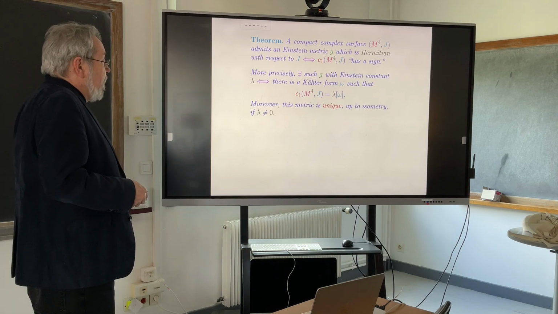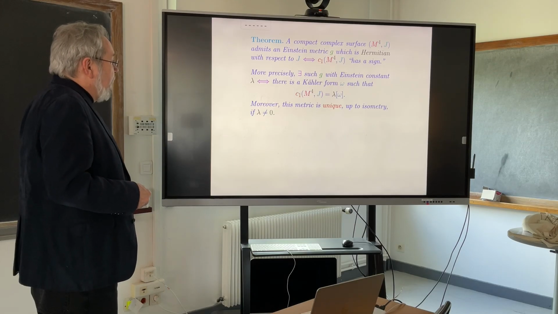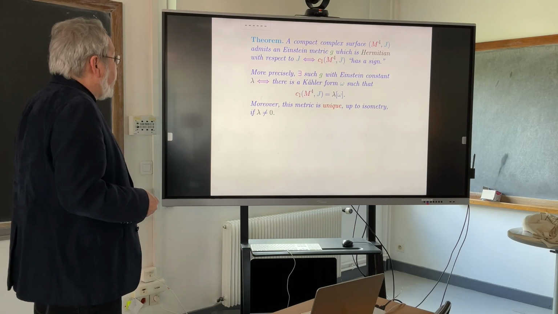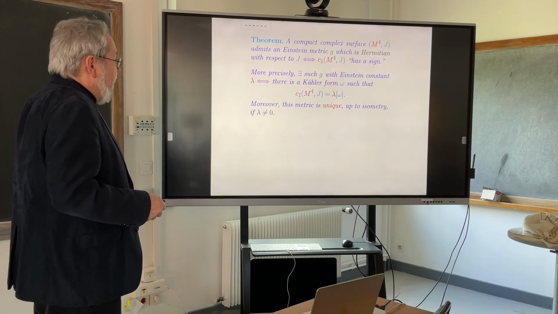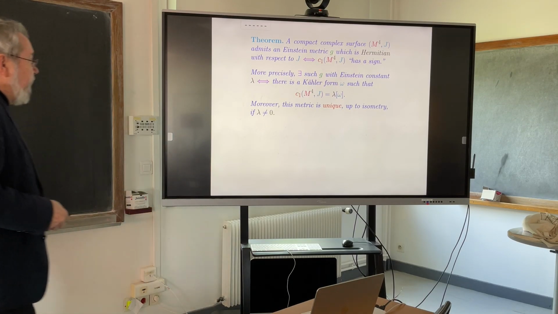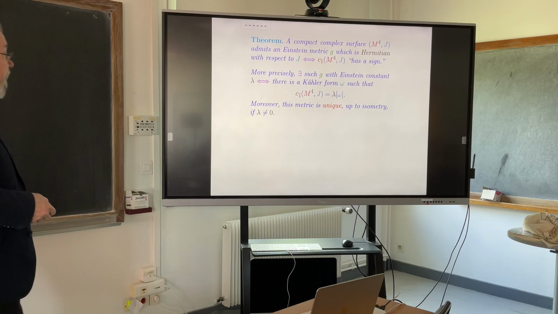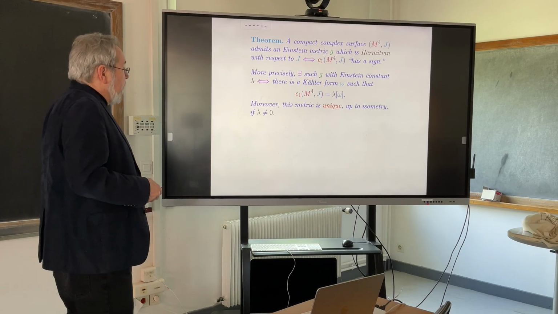But for a fixed lambda, it'll turn out that when this happens, the metric is not literally unique, but it's unique up to isometry. It's unique, in fact, up to complex diffeomorphisms that induce isometries for a fixed lambda.